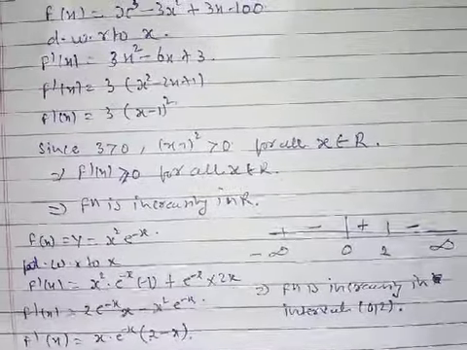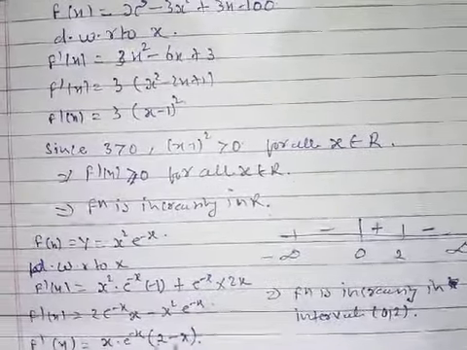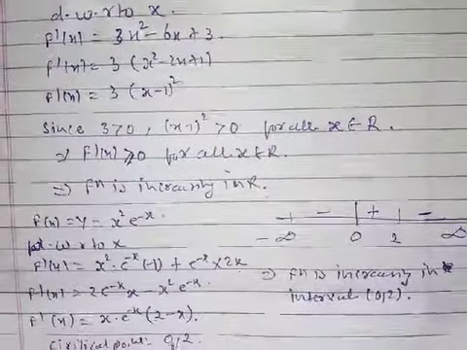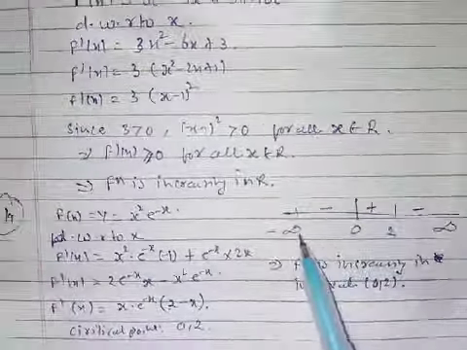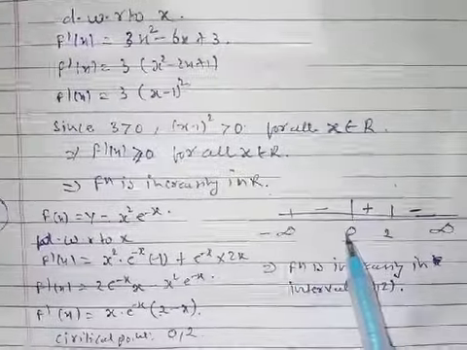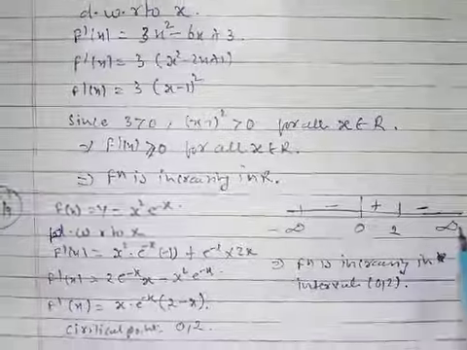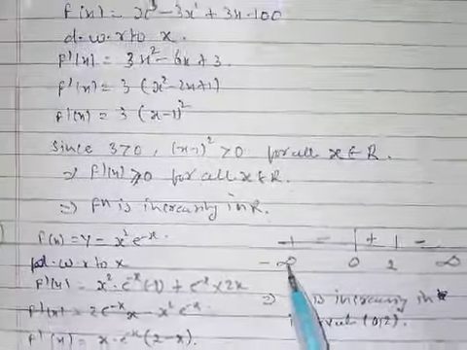So what are the critical points? x equal to 0 makes it 0, and x equal to 2 makes it 0. So the critical points are 0 and 2. If you plot like this, minus infinity to 0, 0 to 2, 2 to positive infinity, then check any value in between.